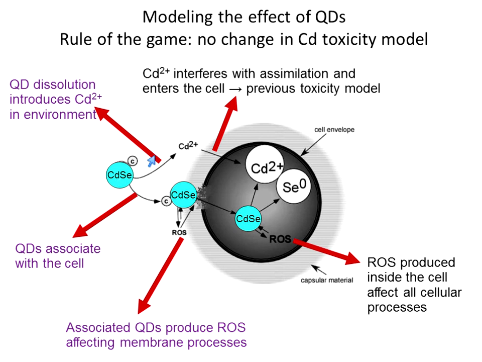This particle here, for instance, might dissolve, and that introduces cadmium ions into the environment. The quantum dot might associate itself with a cell membrane and produce effects on the cell through being associated with the membrane.